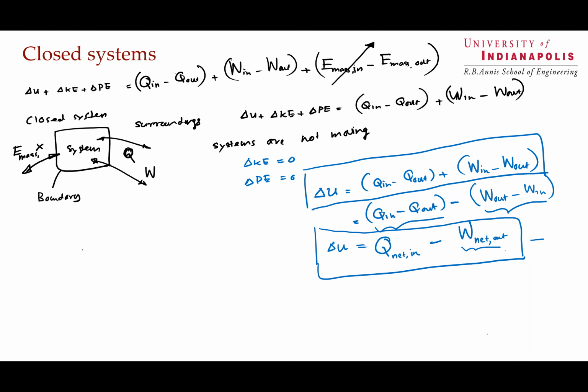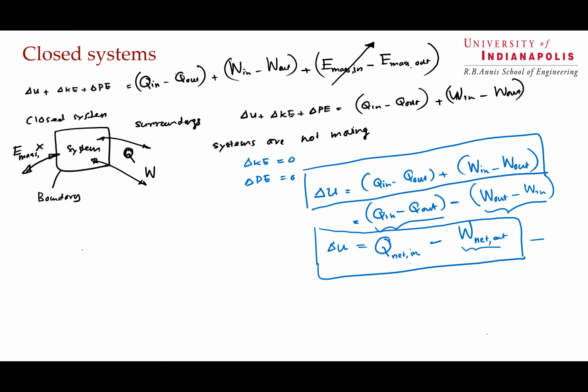You don't worry about the sign. But if any system consumes work or work input, then you have to remember that there was a negative sign on that W in, so that net output is negative now. If you only have a net work input, the net output is negative. So you need to put the negative value.